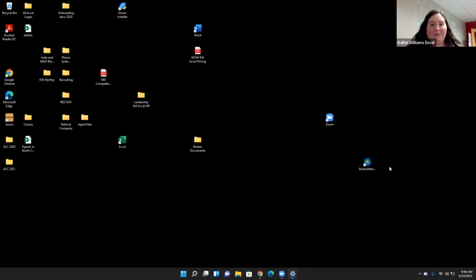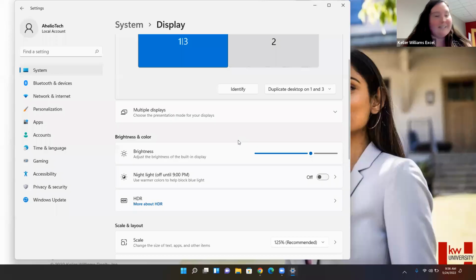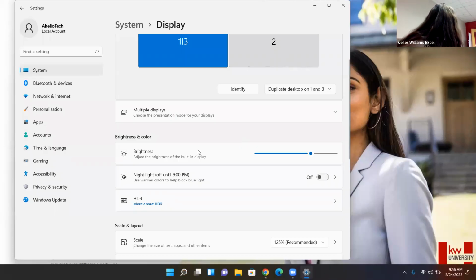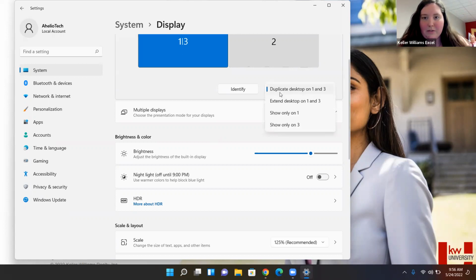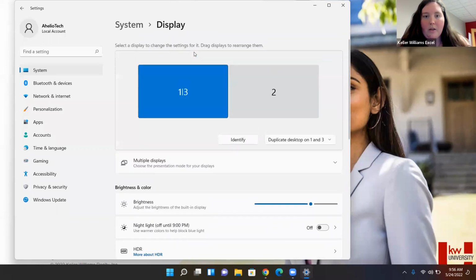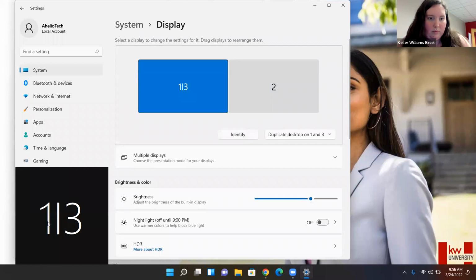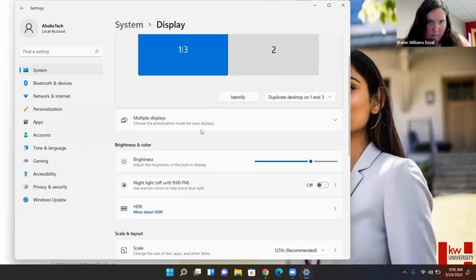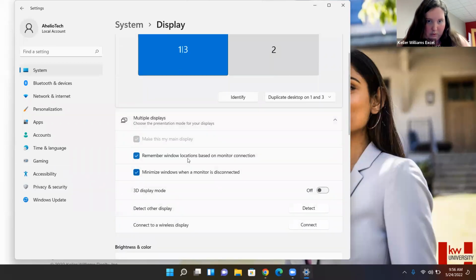Oh, shoot. No. It's not doing what I wanted. Because you can't see what I'm doing on here. So, duplicate, extend. I don't have multiple displays.